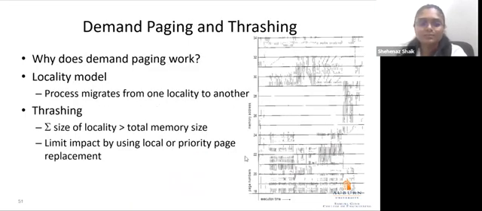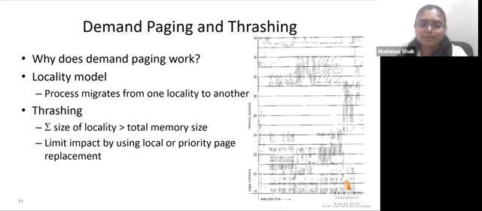That is in fact referred to as the locality of a process, or in other words, the set of pages that a particular process needs for its current execution. If we do not have all the pages that a particular process needs as part of its current execution, it naturally results in additional page faults.